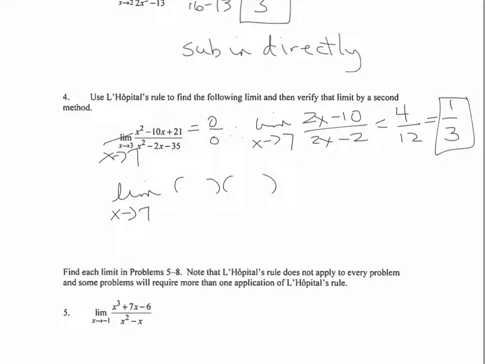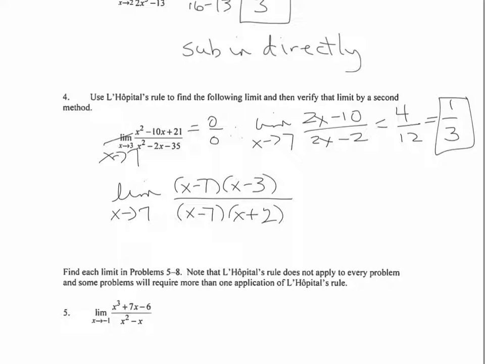Yeah, this numerator factors into x minus 7 times x minus 3 over... Let's see if the denominator factors. Is there a pair of numbers you could multiply to get negative 35, add to get negative 2? That's right. x minus 7, bless you, times x plus 5 will work.